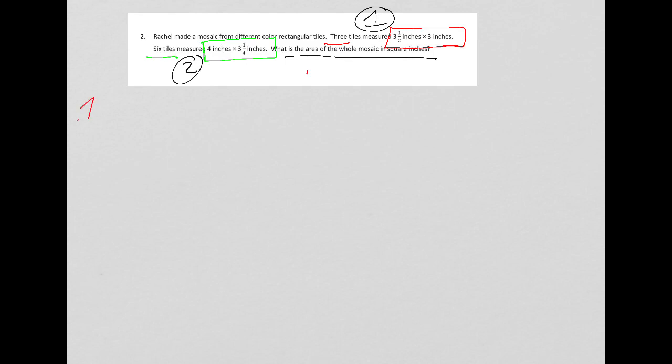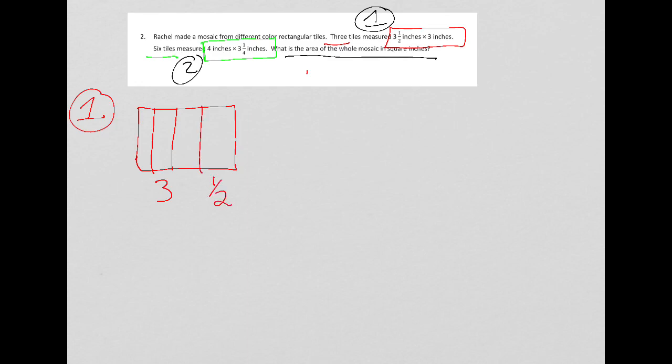Let's do the first tile first. So it says 3 1/2 inches by 3 inches. So if this represents my tile, we're going to say 3. So 1, 2, 3, those are the wholes. And then this is my half. I know it's not to size. We're going with it. Use your imagination. 3 1/2 inches by 3 inches. Okay, so each of these is 1.